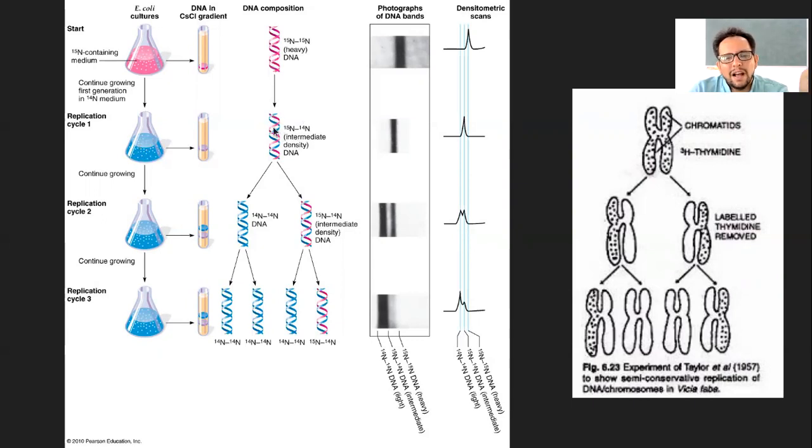So half of it is new, which is N14, and half of it is parent, which was N15, coming from this pink culture. There you will see a lighter band. This N15 was visible as a dark band, meaning it was quite a lot in amount, and you can see the intensity of this band has reduced to half. Only the N15 band, but reduced to half of its intensity, and the same you will get in the densitometric scans.